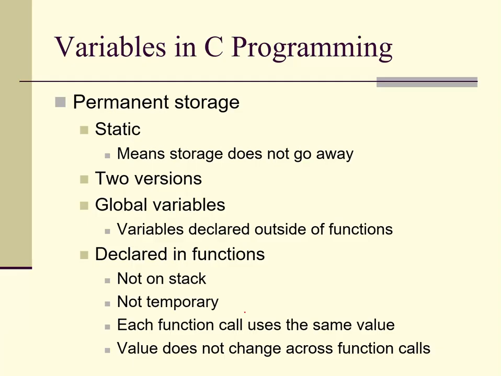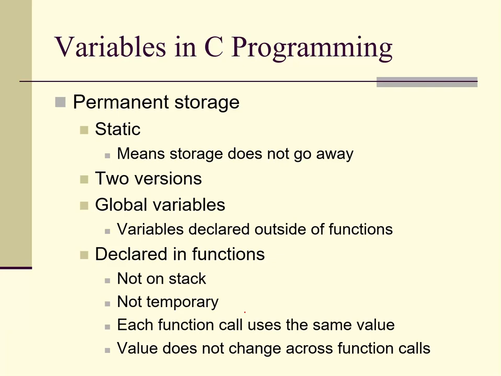If I declare them outside of a function, they're global and they're permanent. And they're kind of considered static, kind of, sort of, but static actually has a different definition. We'll see that in a second. So I can also declare static variables inside of functions, which you'd think would be on the stack, but they're not. And so the issue is that they are permanent.